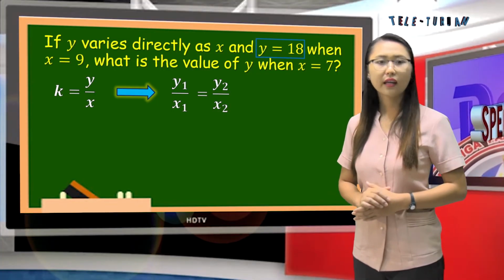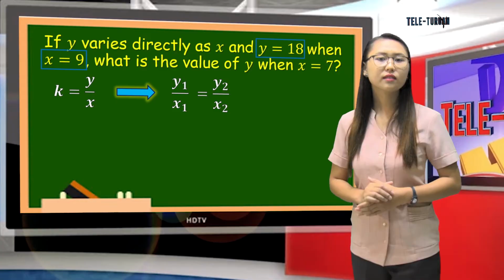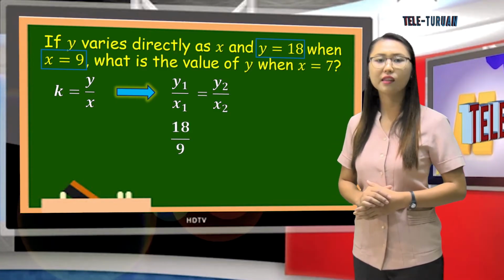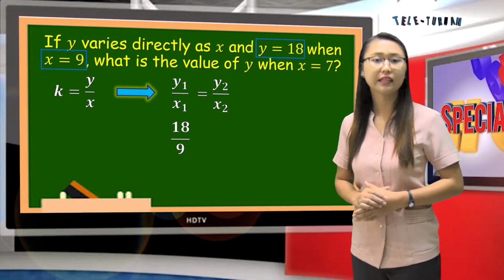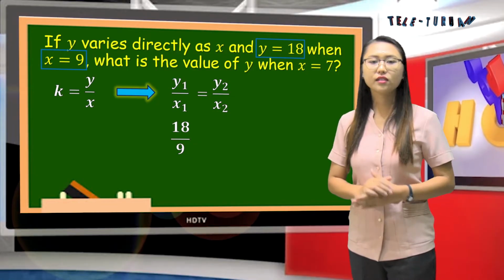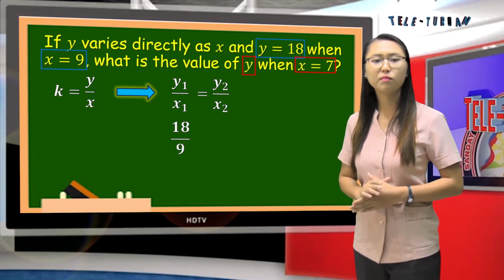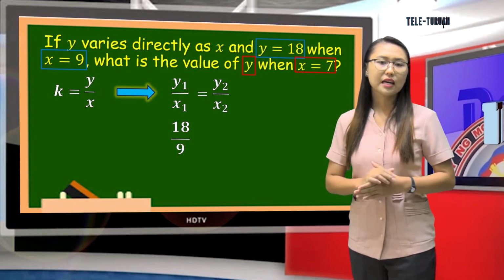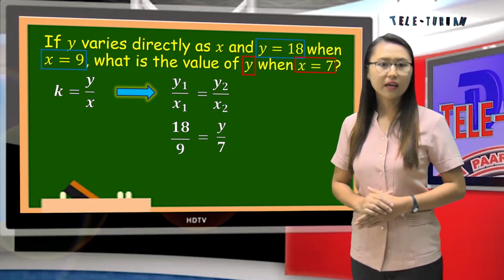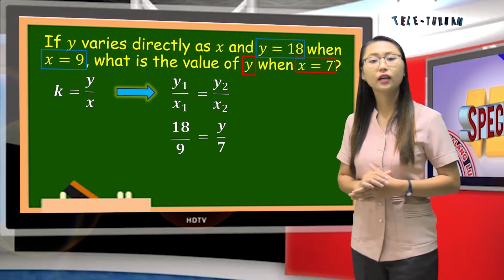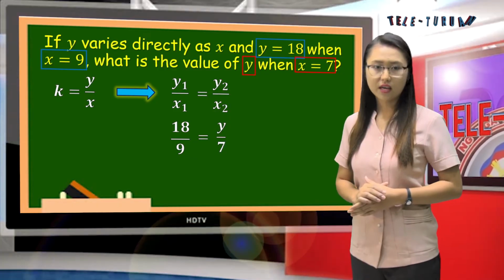In y sub 1 and x sub 1, we will substitute the first value of y, which is 18, and the first value of x, which is 9. On the other side of the equation, we will substitute the second value of y and x. Since there is no value of y, we will just write y, and the second value of x is 7.